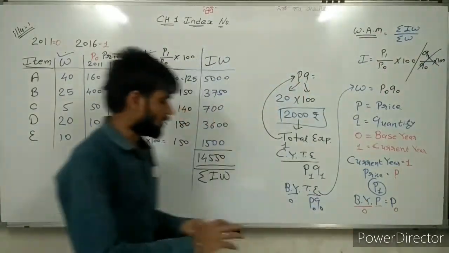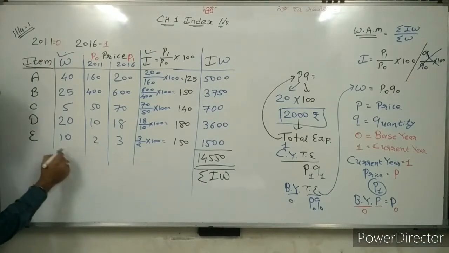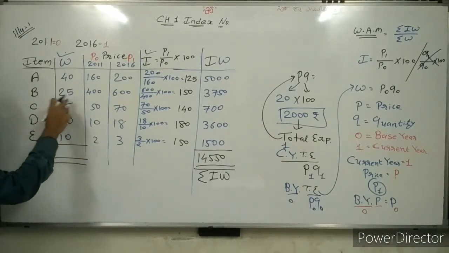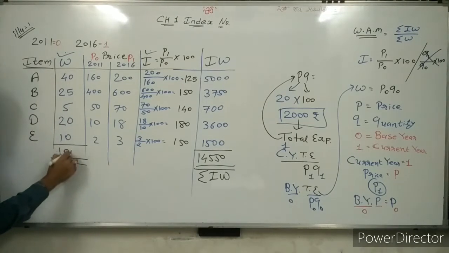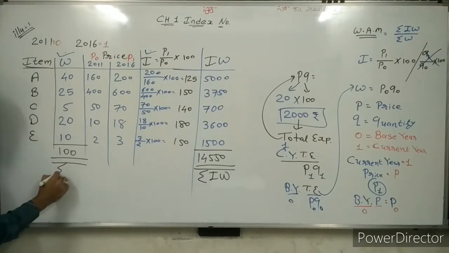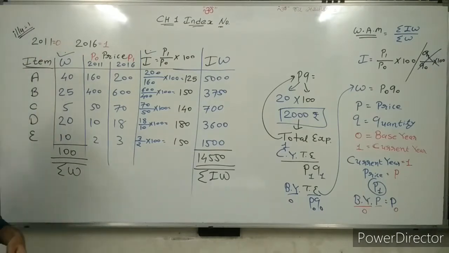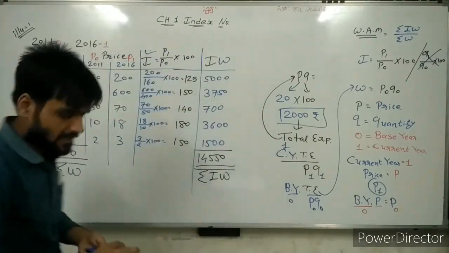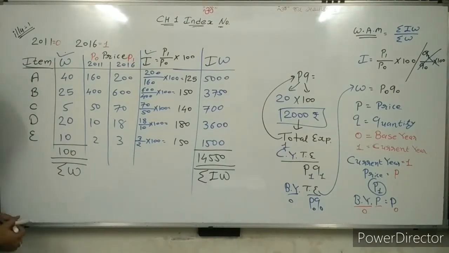Now sigma W, total of W. So make the total of W. So that is the value of sigma W. Now it is very easy to solve the sum. Just write the weighted average method: index number is equal to, first of all you have to write the formula, then solve it.